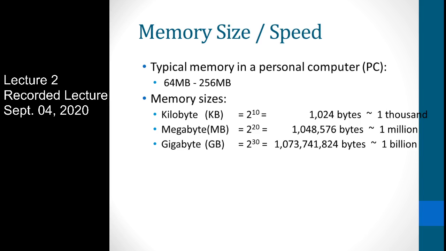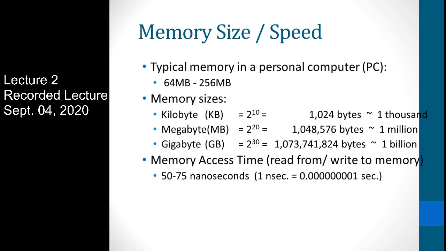Okay? So, hindi siya eksakto na 1 million ang 1 MB. And ang gigabyte, hindi rin eksaktong 1 billion. It is 1,073,741,824 bytes. Okay? Same din sa terabyte. Hindi rin siya eksakto na 1 trillion ang terabyte. So, hindi lang naka-include dito.